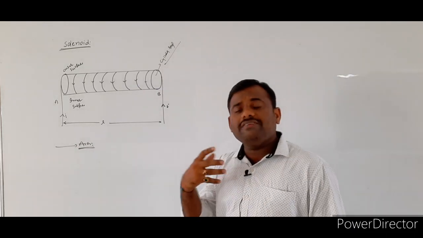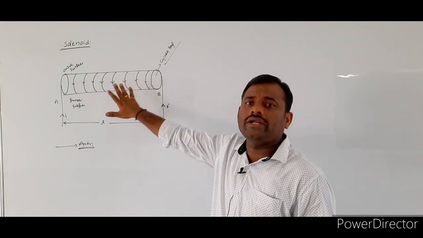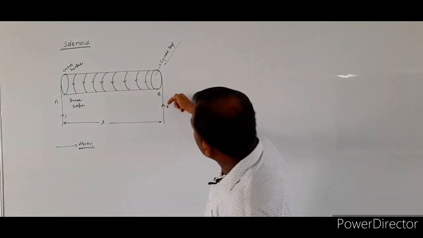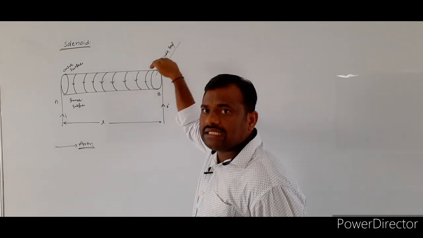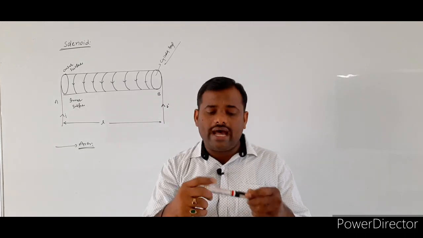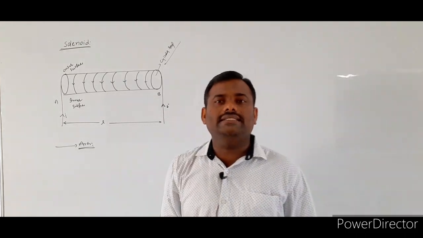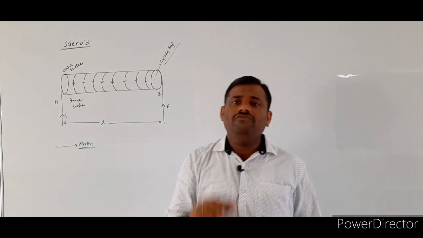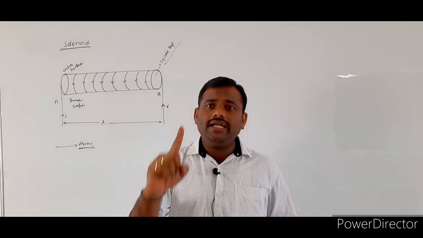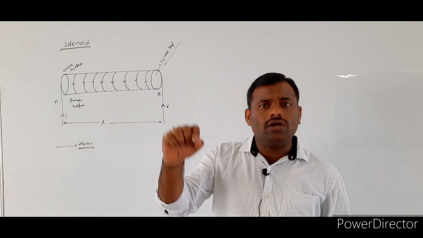Here, how are the different magnetic fields produced in the case of the solenoid? While you are winding the conducting wire into so many number of turns, each and every turn will be acting as an individual circular current carrying coil.